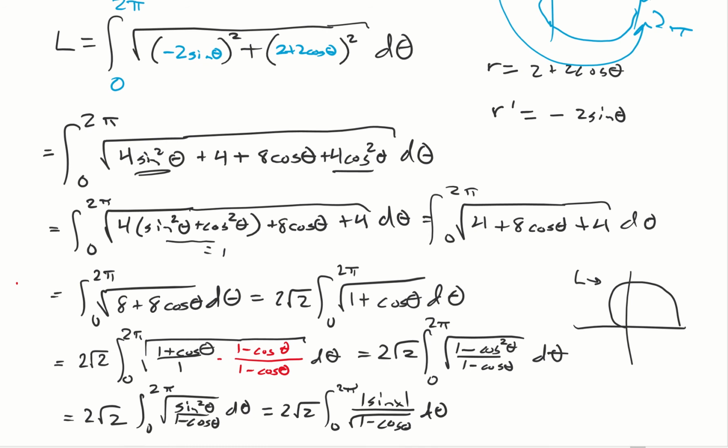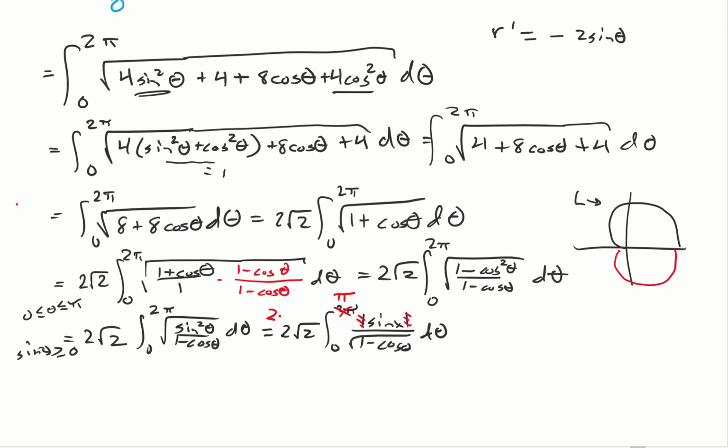That's 0 less than or equal to theta less than or equal to pi, where sine theta is greater than or equal to 0. But then we have to double it for the other piece. So I'm going to double this and change the limit to just pi, and that means I can lose the absolute value.